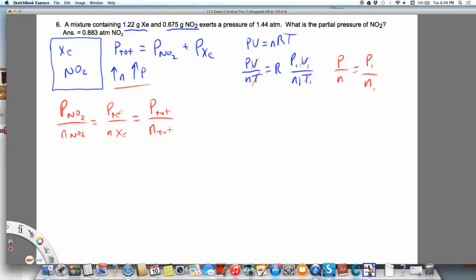That's because the conditions of temperature and volume are the same. Okay, so we're going to use these two equations to kind of help us out here.